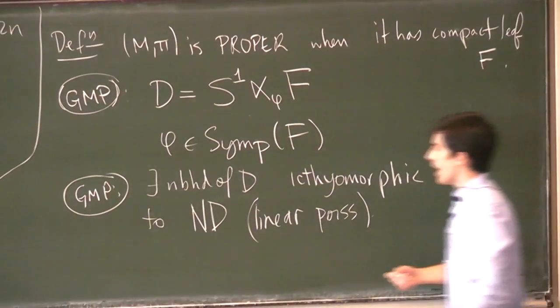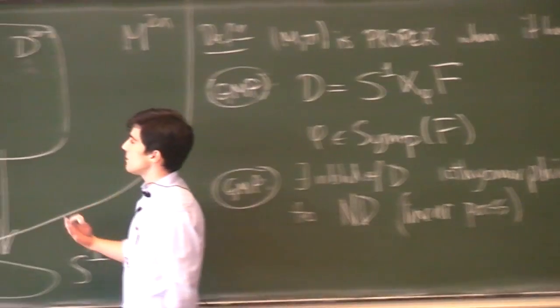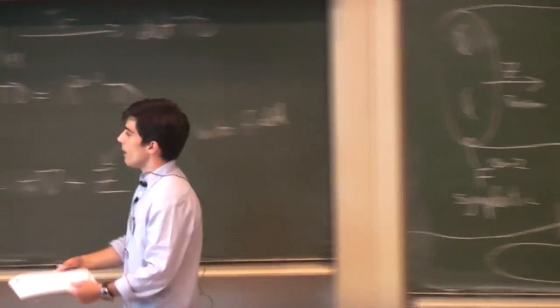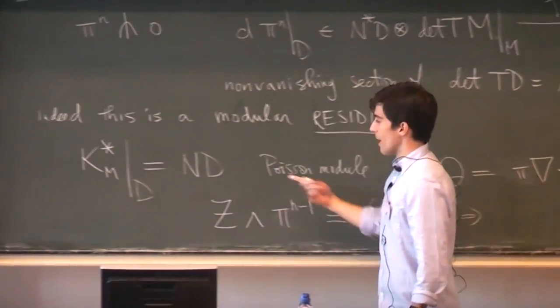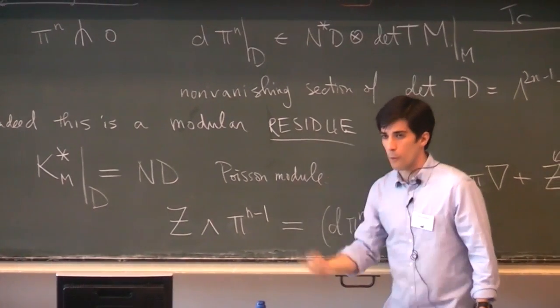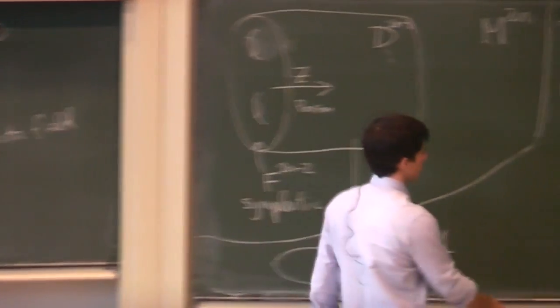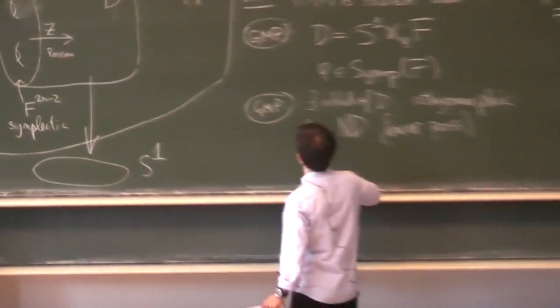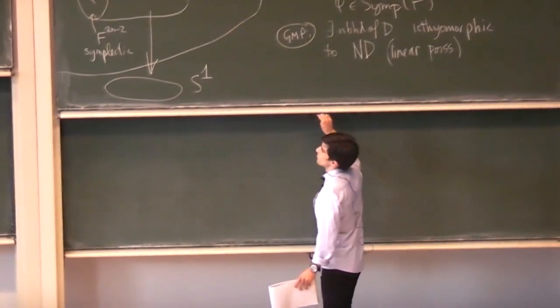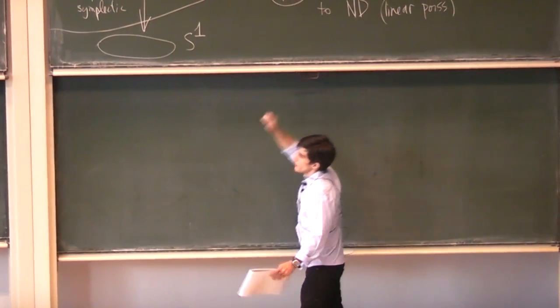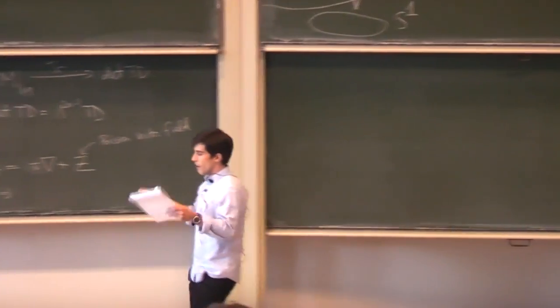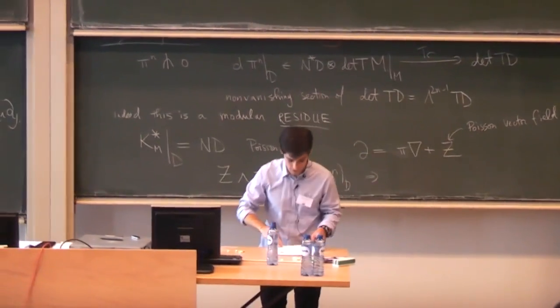Why does the normal bundle have a linear Poisson structure? One way of seeing it is that the normal bundle is a Poisson module of rank 1, and on such Poisson modules there is always, on the total space, a Poisson structure. But this is a Moser type result which they proved for these things. So this really does describe every part of such a manifold.